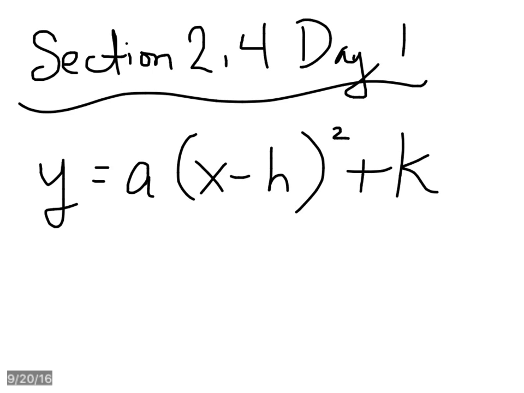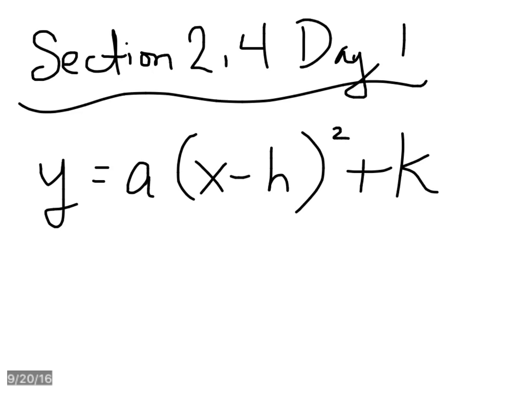What form is that called? I gave it to you a couple days ago. Do you guys remember? Standard. Not standard. Standard is if it's all multiplied out and it says ax squared plus bx plus c. Oh, here are your options. Your options from the first half of the chapter were standard form, which was ax squared plus bx plus c.